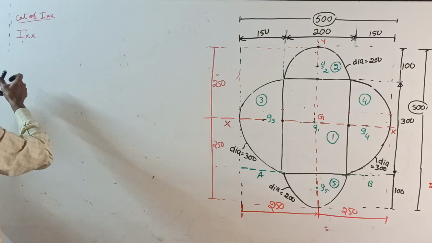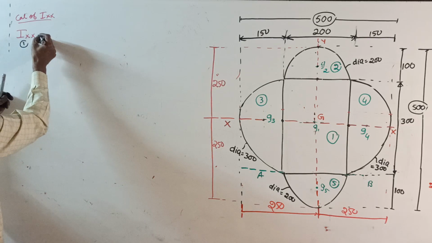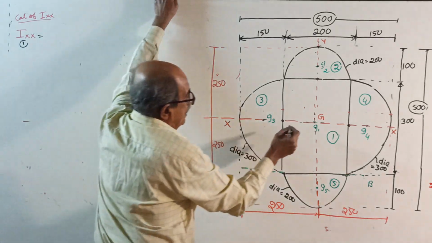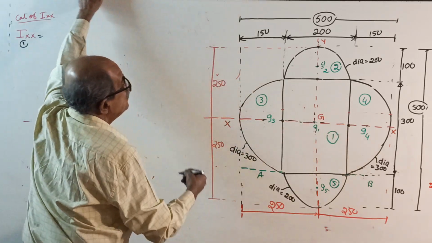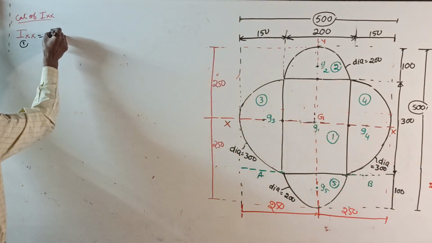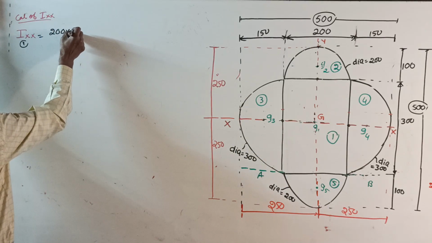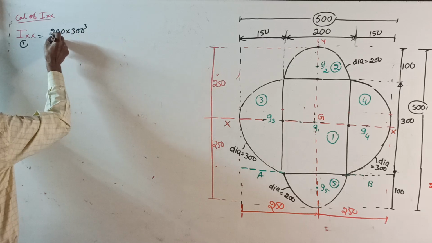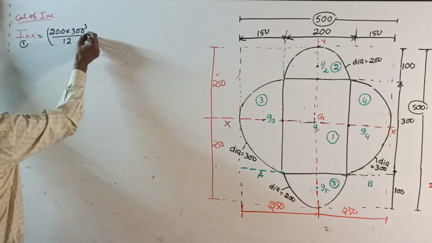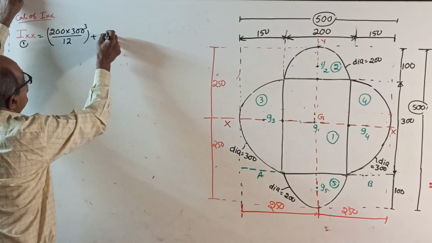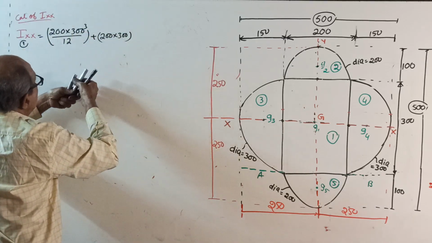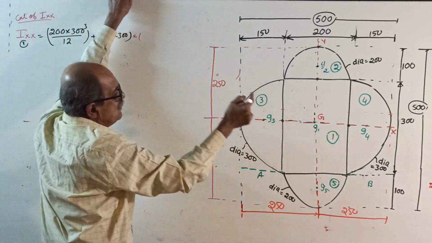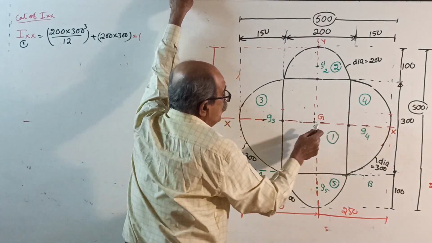IXX for 1. See here, I about its own centroidal axis is the same: 200 into 300 cube divided by 12, that is IG, plus area 200 into 300 multiplied by the distance from centroid G1 to XX.